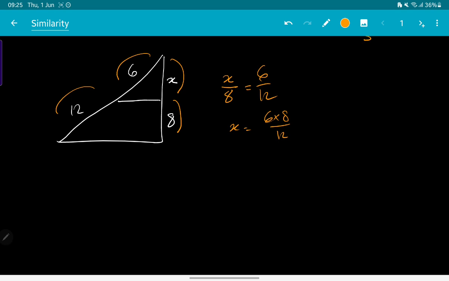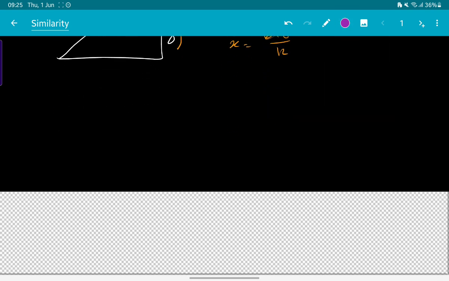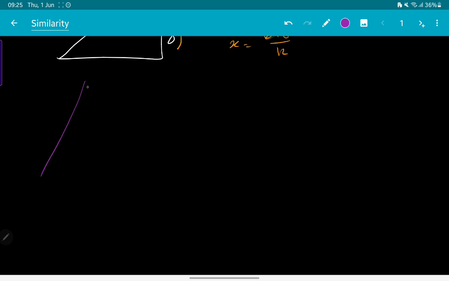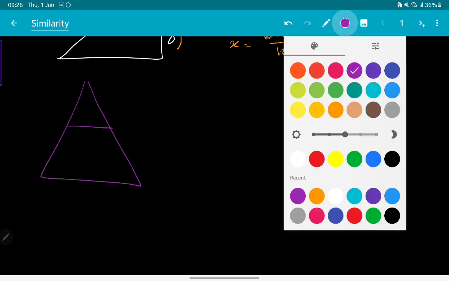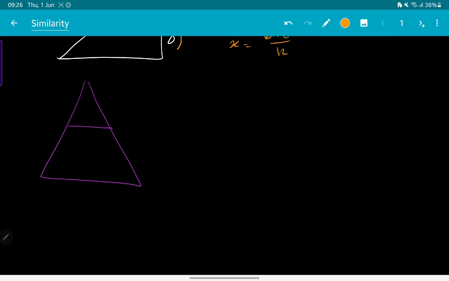But we have a different property of similar triangles. What if we are dealing with the base, for example xy, and this is a, b, c, d.